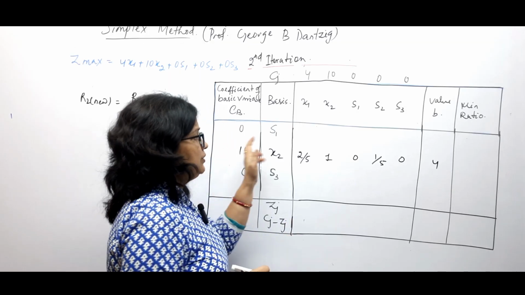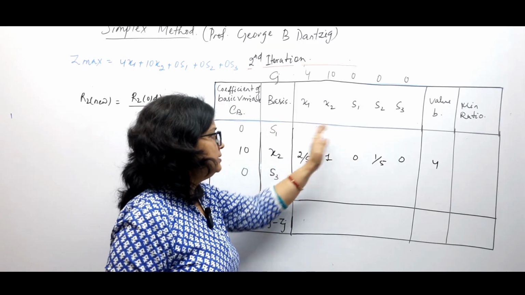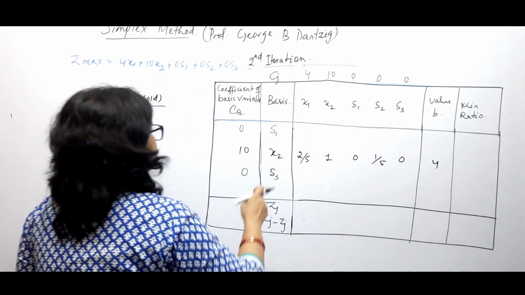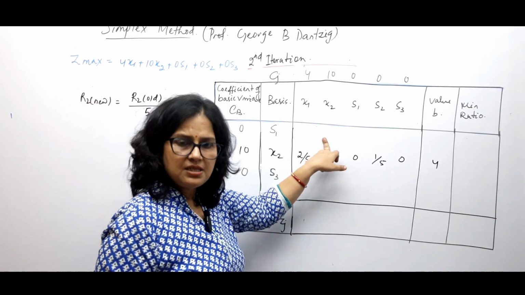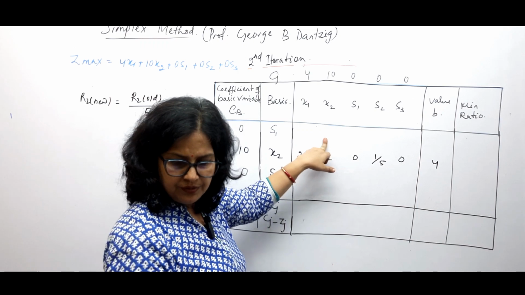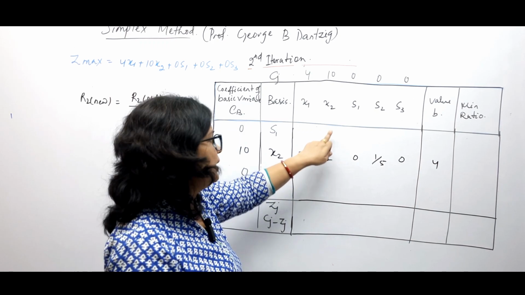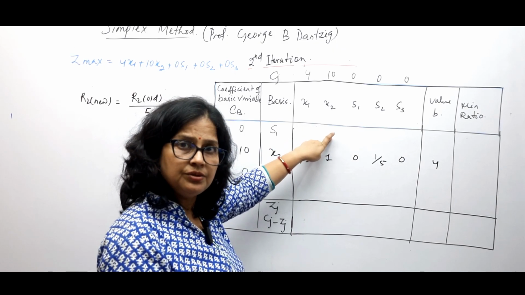So for that we need to apply the formula to the whole row. What do we need to do? To make it 0, see what we are having in our previous table. We are having the value 1 here. So in the old table we are having value 1.